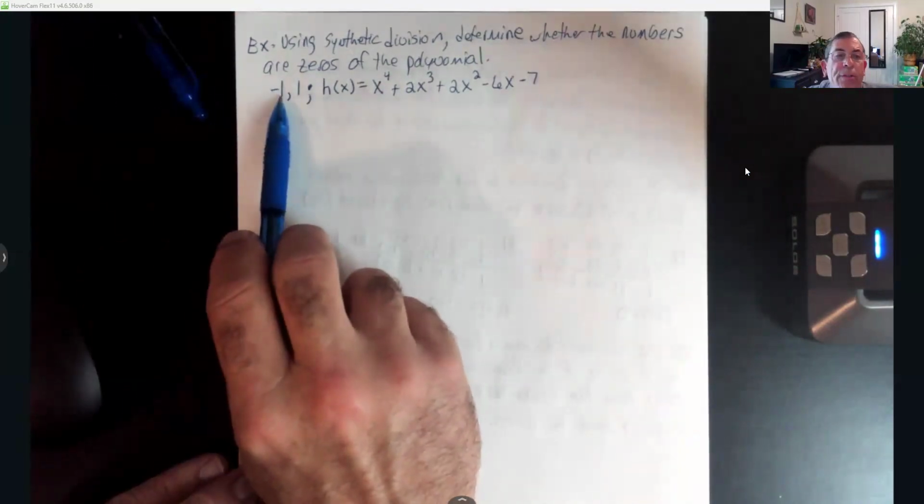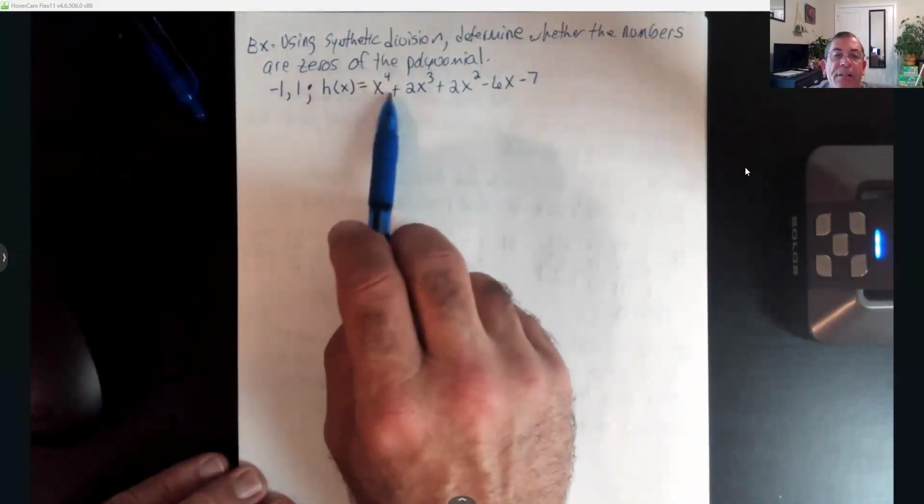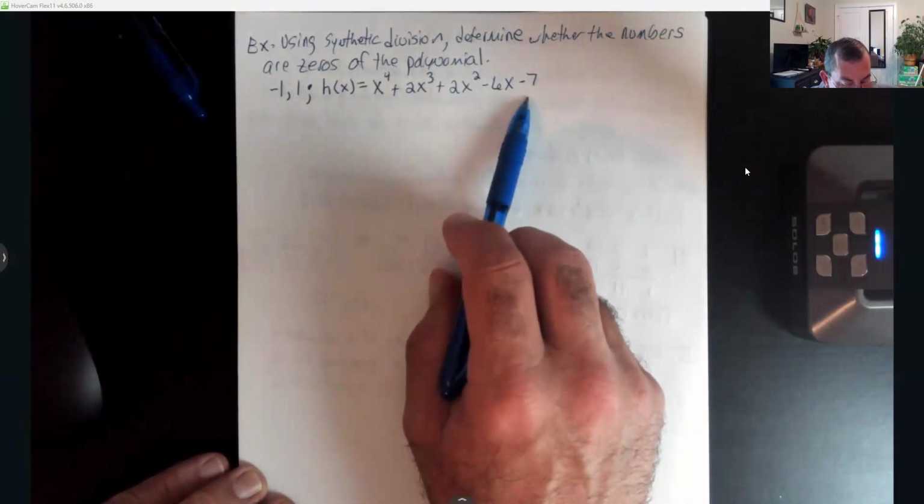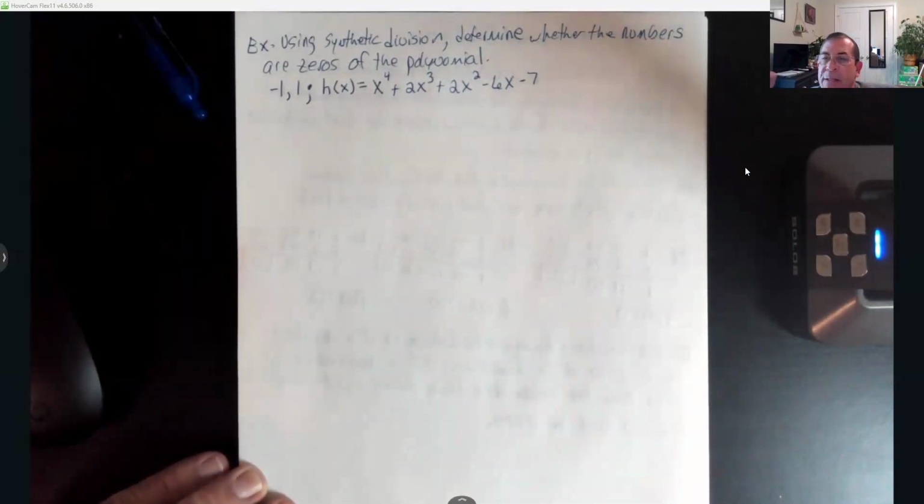So these are the two numbers they want me to check, and this is my actual polynomial. So these answers will be yes, yes, yes, no, no, yes, or no, no.